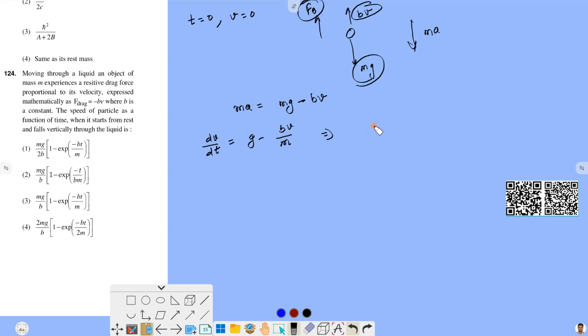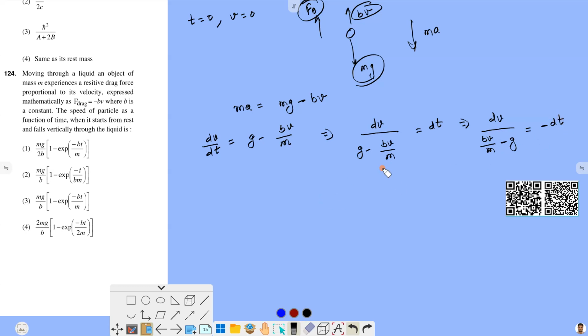And from this I can write that dv divided by g minus bv by m is equal to dt. Now I can further rearrange the terms so that this integral becomes slightly easier. Then I can write dv by (bv by m minus g) is equal to negative of dt.